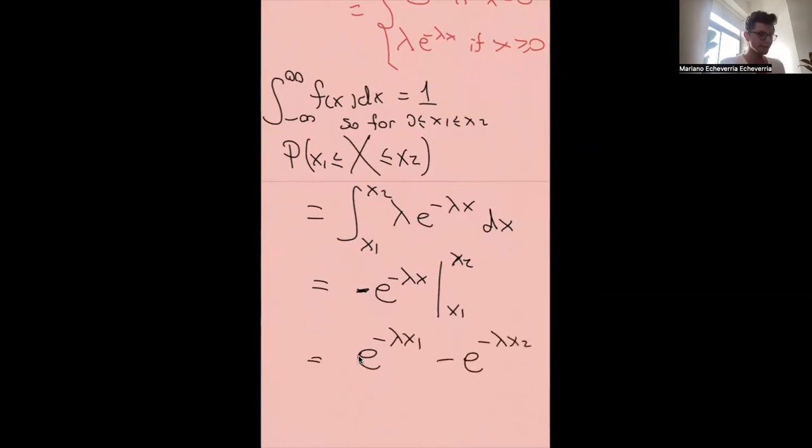Is that correct? So the probability, let me emphasize this, for the particle to have position between x1 and x2, if both x1 and x2 are positive, would be this one.